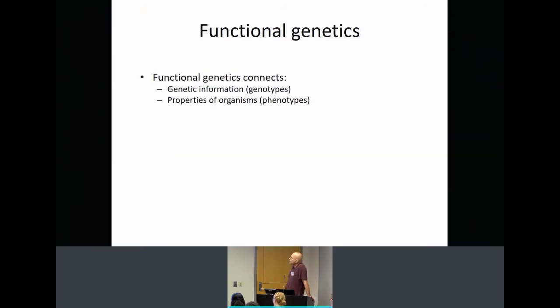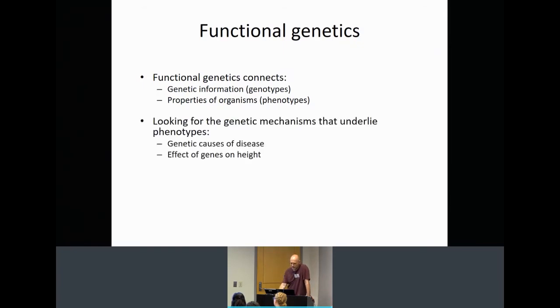When we talk about functional genetics, the point is that we have these two separate pieces of information. We have the genotypes and some properties of the organisms that carry these genomes or genotypes, and we're looking for connections between them. But there's two different things we might be looking for, and I'm sure we all know the difference, but let me just read them.